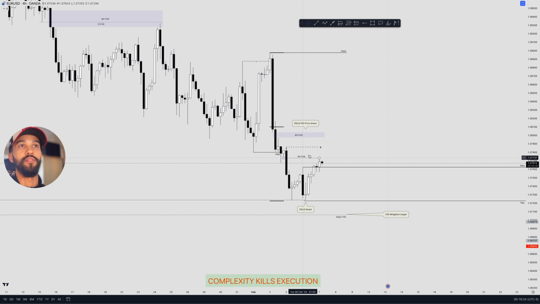And this POI obviously gives reason that we could continue bearish from here if we see that switch in order flow on a lower time frame. So other than that, on the 4 hour chart, just to note above, we've got this 4 hour fair value gap, and we've got another fair value gap up here which is more in the premium.